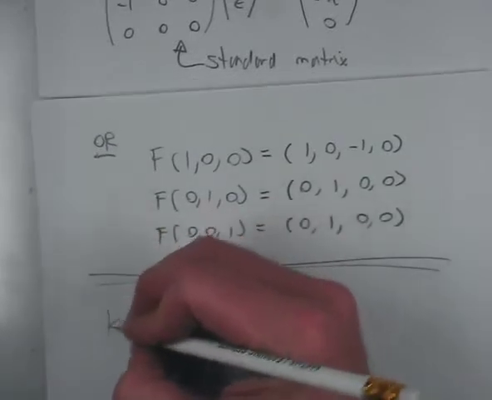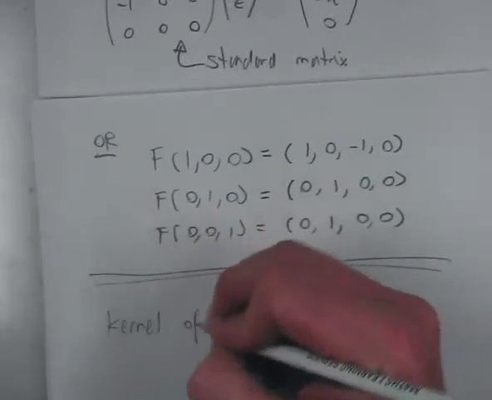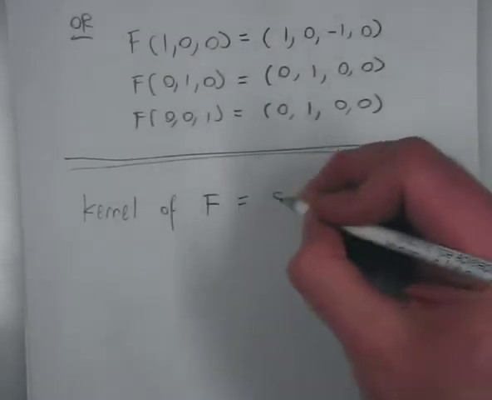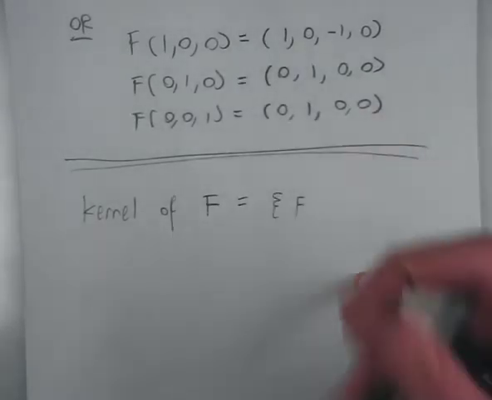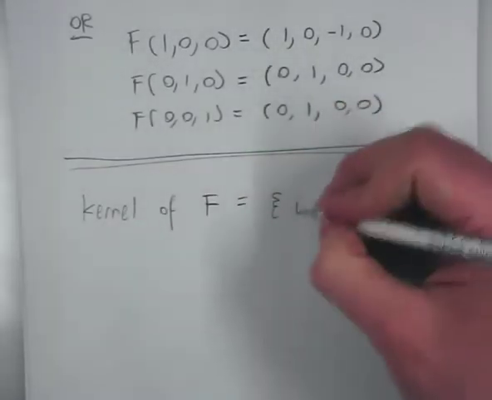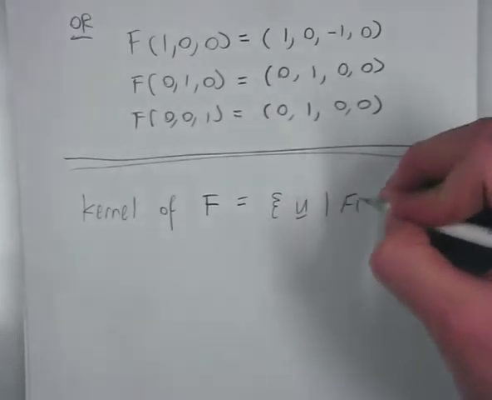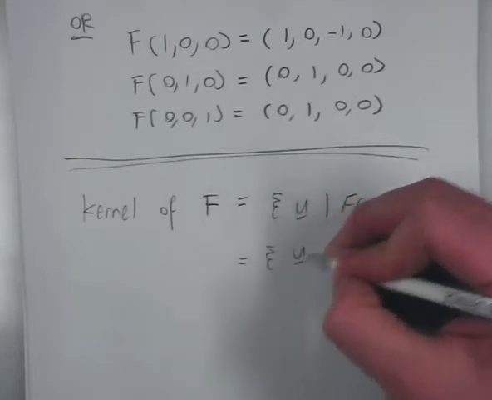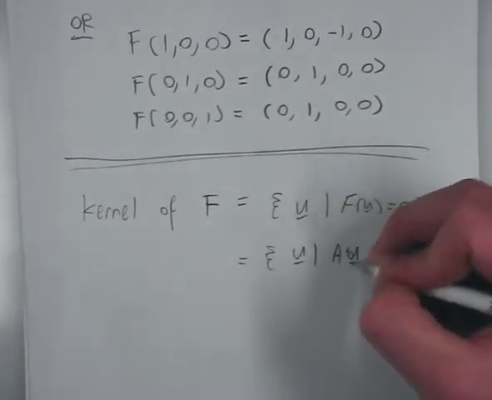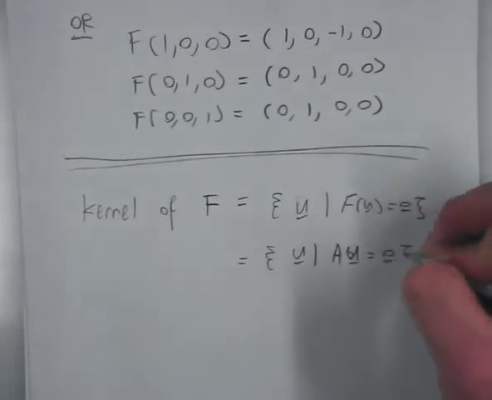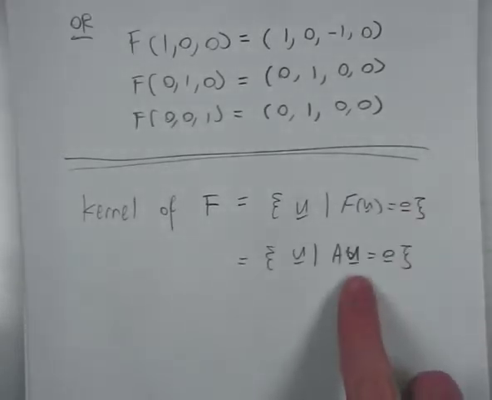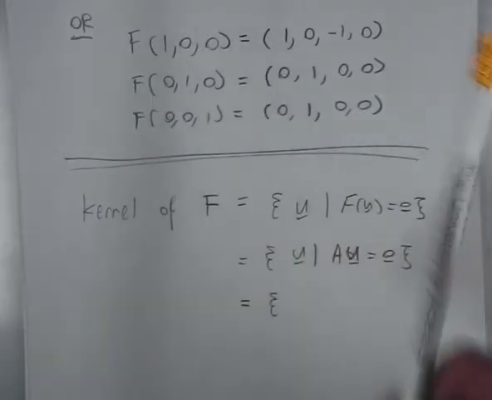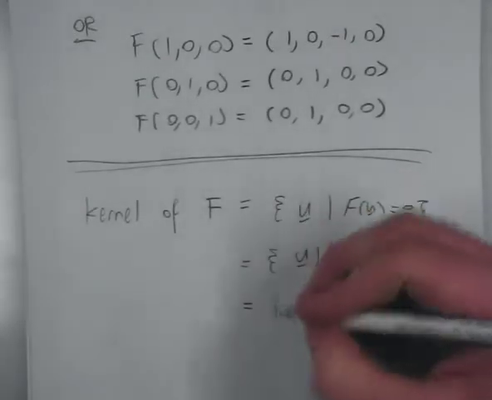So the kernel of f would be the set of vectors u such that f of u is 0, which would be the same as the set of vectors u such that A times u is 0, if it does have a matrix. And that's the solutions to your matrix. And so it must be the null space of the matrix.